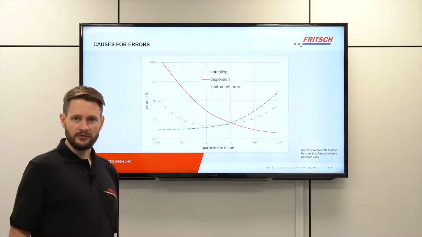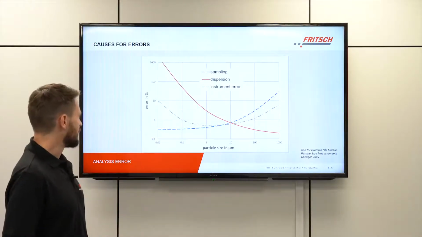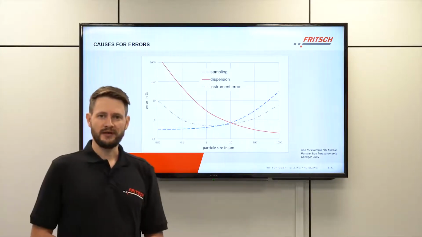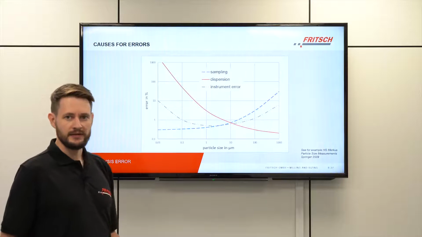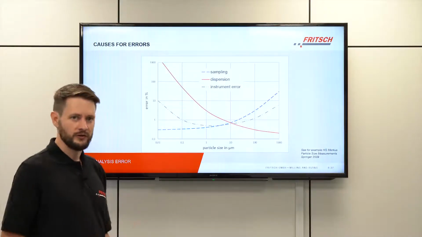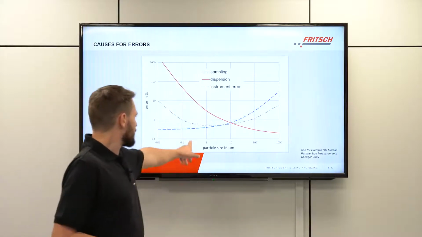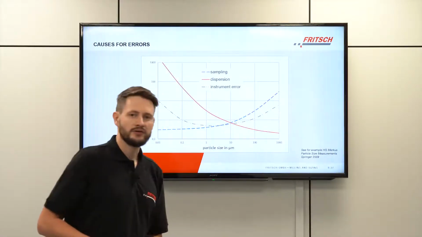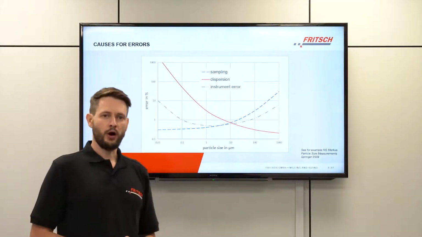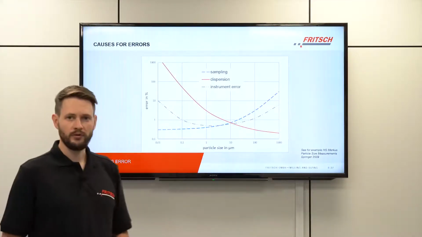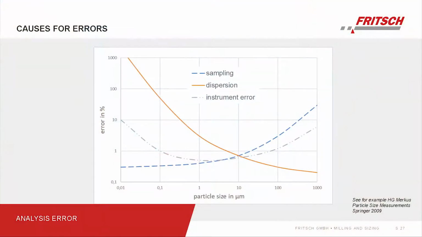And last but not least, we have the instrument errors, and that is something that we cannot really influence as the applicant or as the user of the instrument. But as you can see, the minimum here is around the range of 1 to 10 micrometers, and this is more due to the optical setup of the instruments, so it basically has physical reasons.